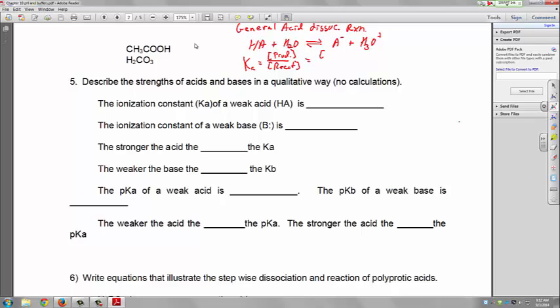So it will take the form of the conjugate base concentration times the hydronium ion concentration divided by what we call the free acid HA concentration. Okay? The ionization constant Ka of a weak acid, HA, is this ratio of concentrations, products over reactants. Okay? The ionization constant of a weak acid then is going to be a small number.